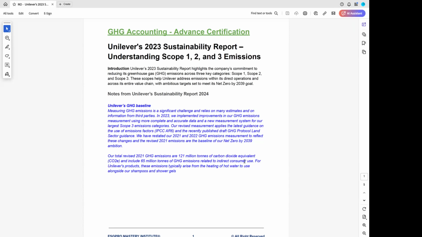They calculated that in 2021 their GHG emissions were 121 million tons of carbon dioxide equivalent, which also included the indirect consumer use.